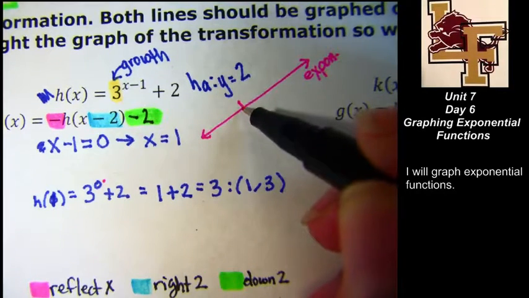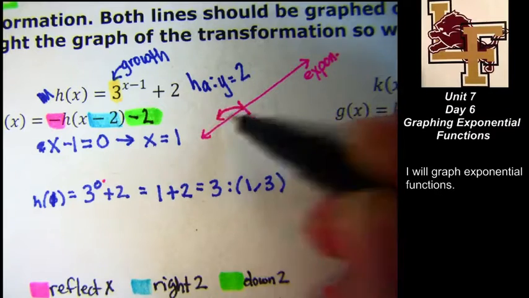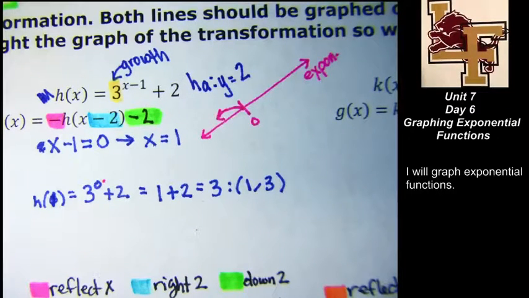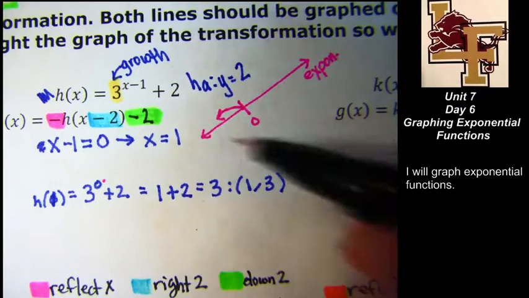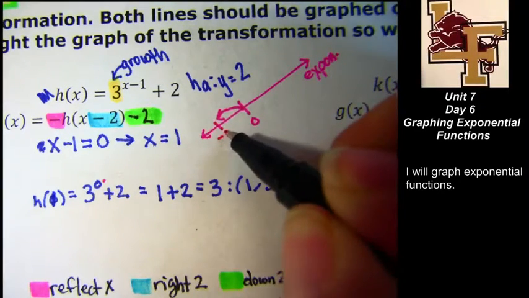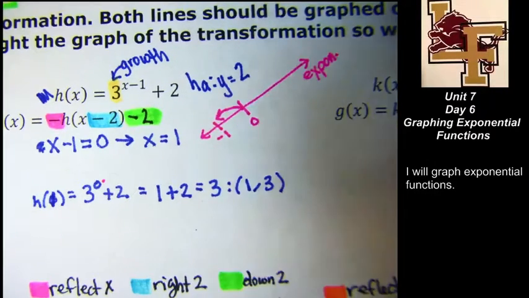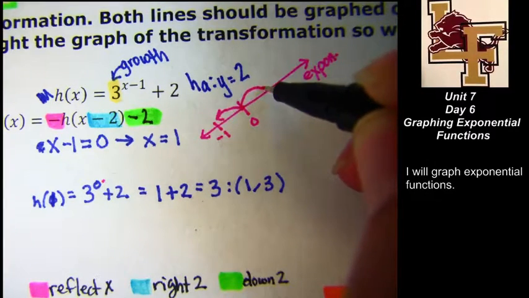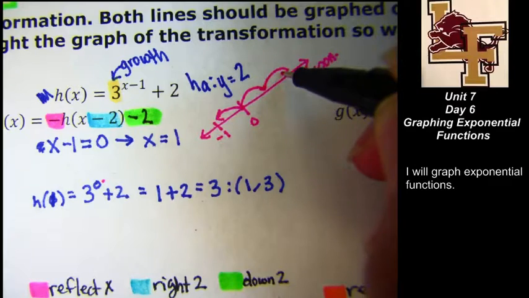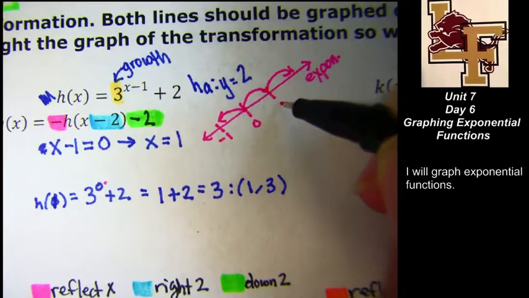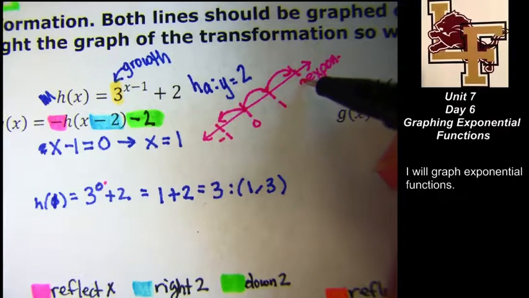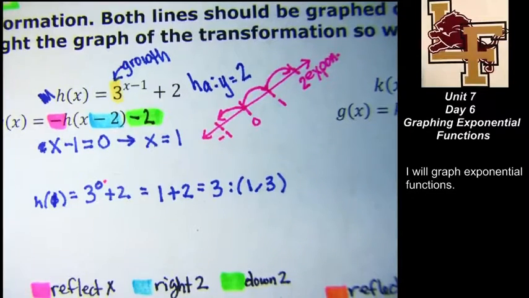I want as few hops to the left as possible, because every hop is another fraction I have to calculate. I don't want to calculate fractions. So let's just go 1 to the left, so I want an exponent of -1. And so I get a good clear picture, let's do 2 hops to the right, so I want an exponent of +1 and an exponent of +2. With me so far on the hops and the exponents?